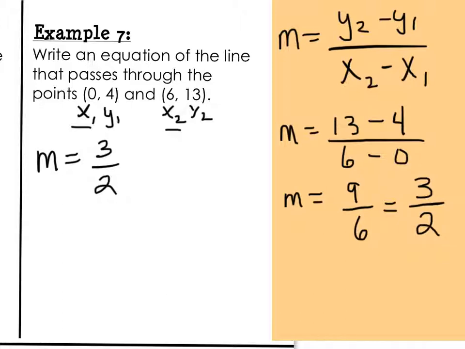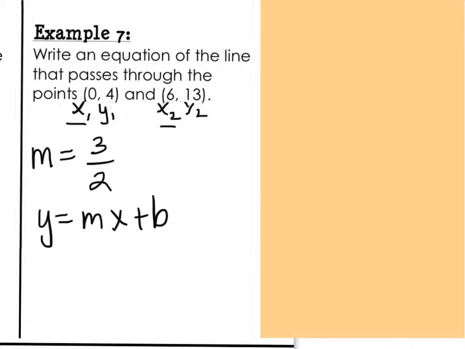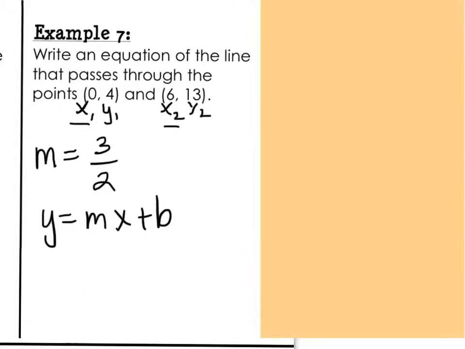Now we can use the slope-intercept form and figure out what our b is, and we can use either one of the 2 points. I like point 1 because it has a 0 in it, so that's the one I'm going to use. As we mentioned before, all we have to do is substitute our values into our x and our y, and we'll use the point.